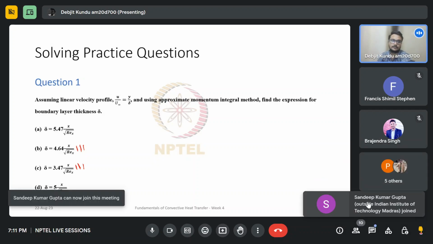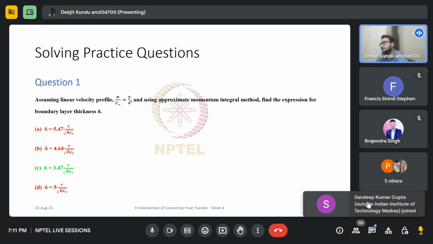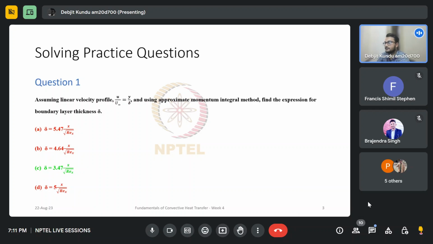Okay, so let's take a look at the solution. The solution is option C: delta equal to 3.47 into x over root Re_x.